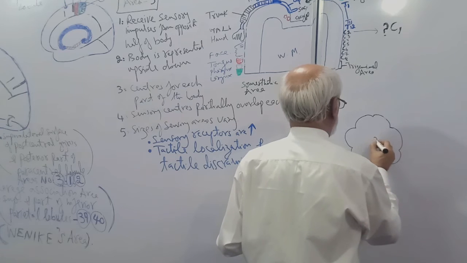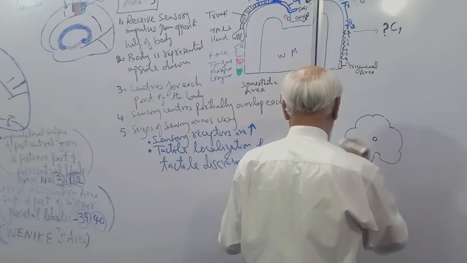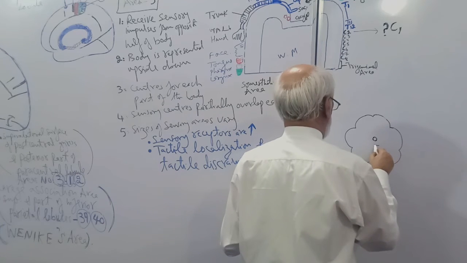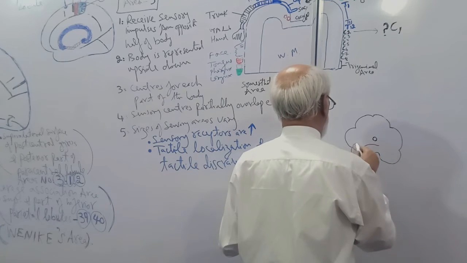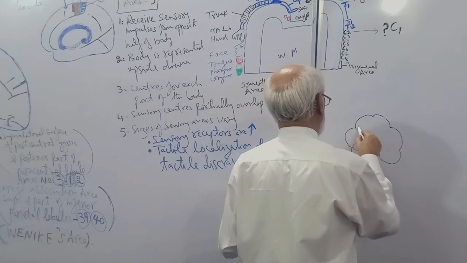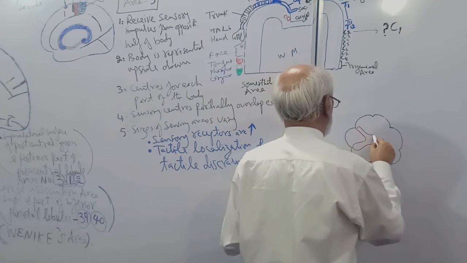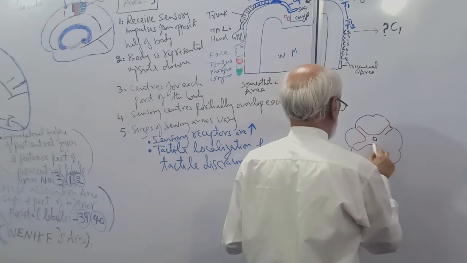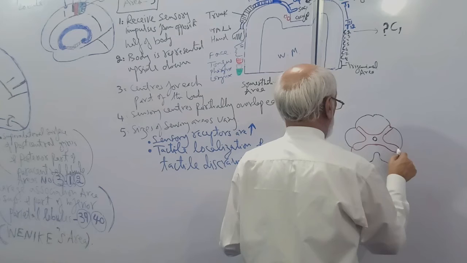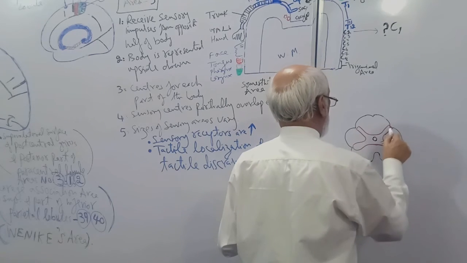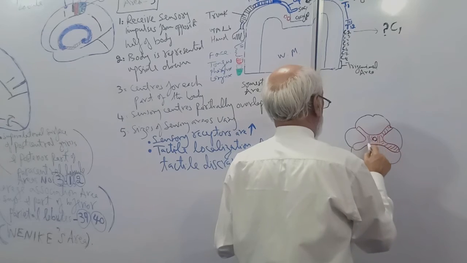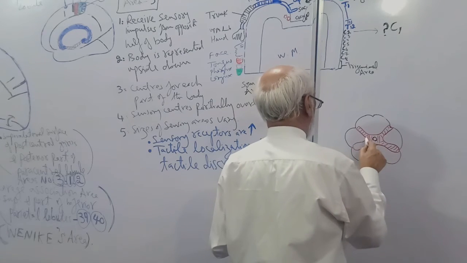Here is the central canal in the center of the gray matter, and I told you the gray matter is divided into various parts: anterior horn, posterior horn on each side. This is the anterior horn, this is the posterior horn, this is central gray matter traversed by the central canal.